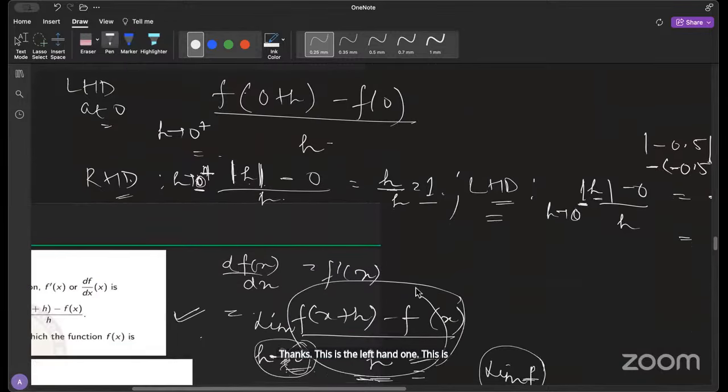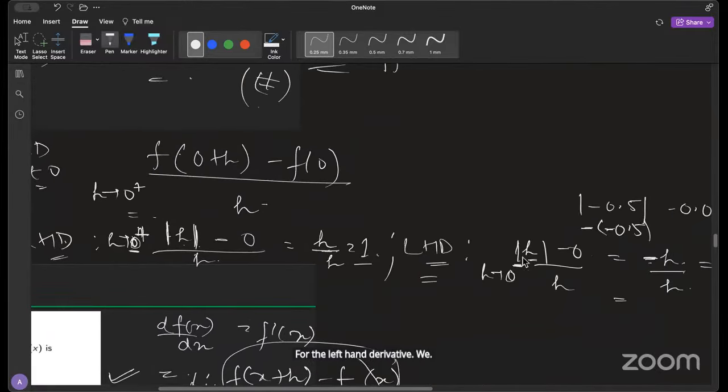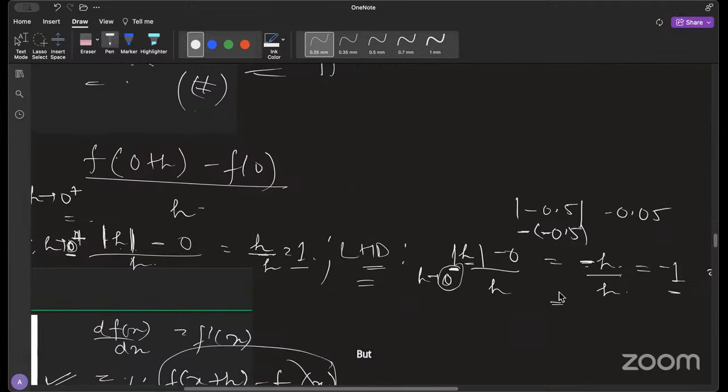This is the right hand one. For the left hand derivative, isn't it 0 minus h? In the numerator it shouldn't be like 0 minus h. I know the writing style is like that. When we solve the left hand derivative, we write it like that only. But in general, it should be like 0 minus mod of h, no?